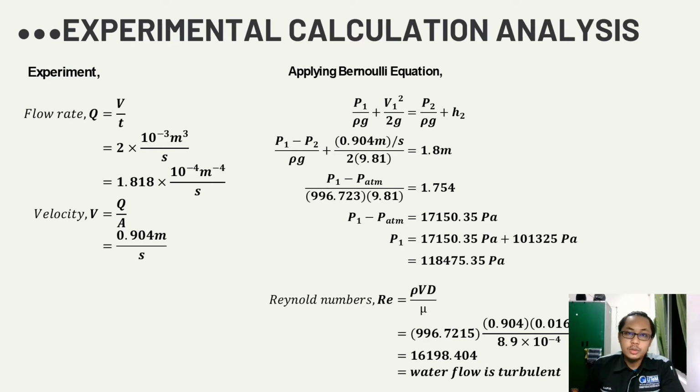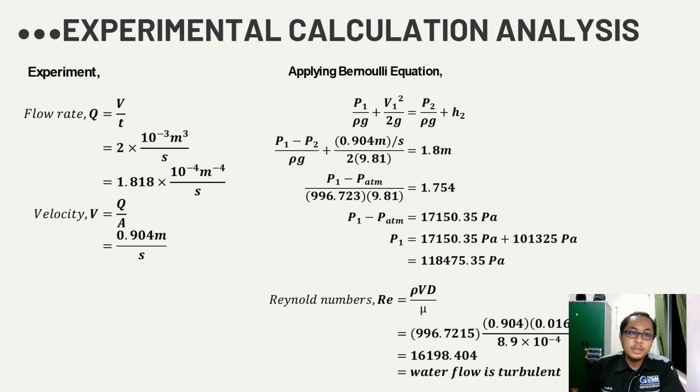In order to do any analysis, we must first know the flow rate, which we calculate by dividing the volume of the fluid by time. We already know the time, and we measured the volume of water, which is 2 liters. We converted it to cubic meters. Over 11 seconds, we got this value, 1.8 meters cubed per second.